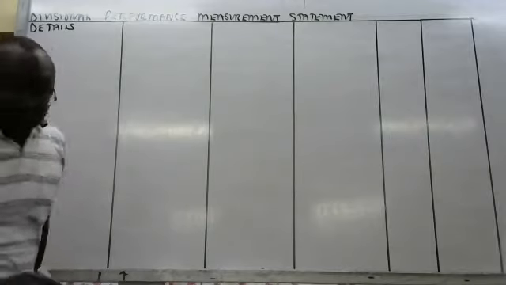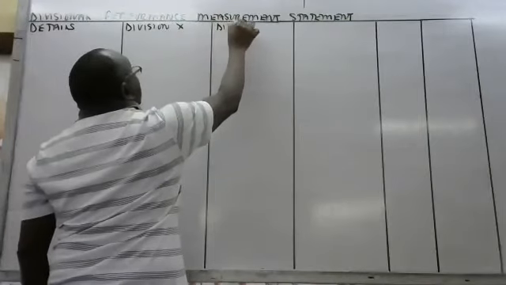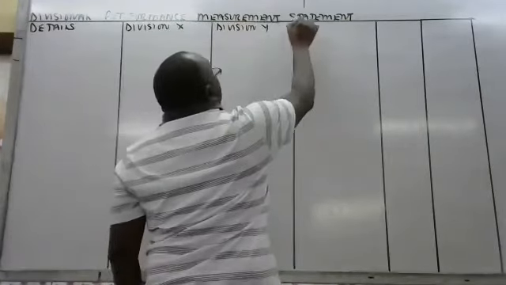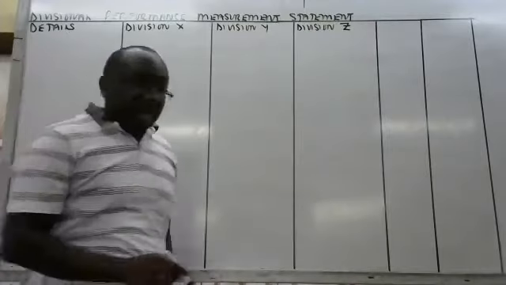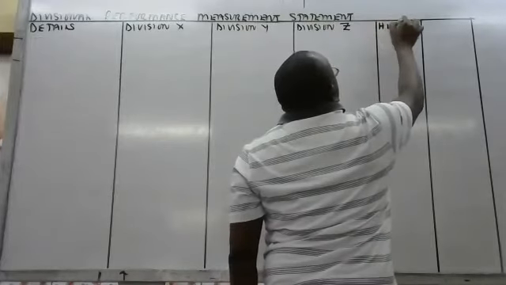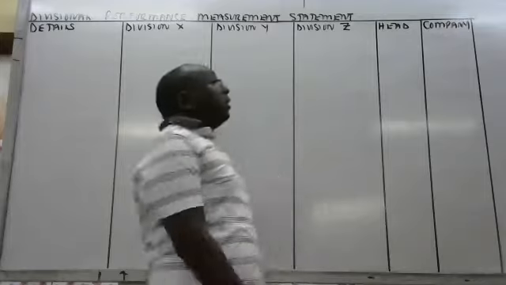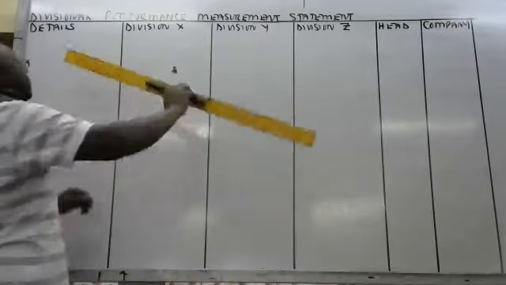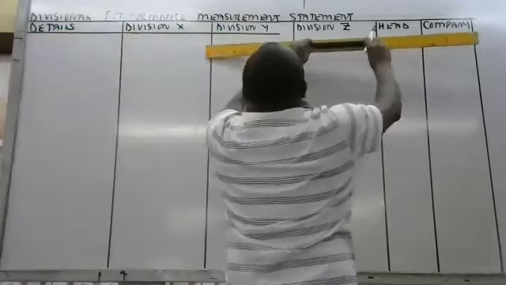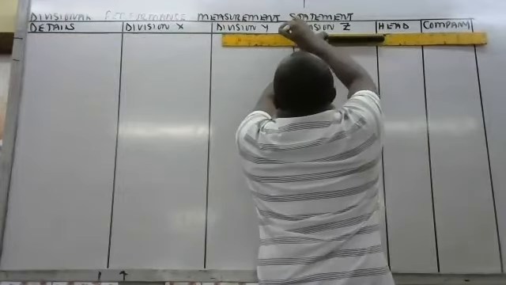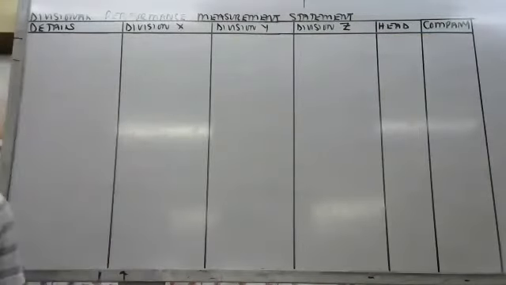The company is divided into divisions. So there is division X, division Y, division Z, then there is head office, just call it head. And then we have the company.